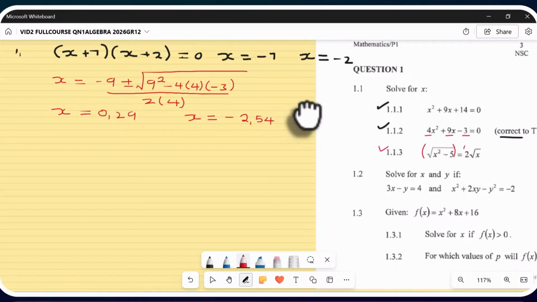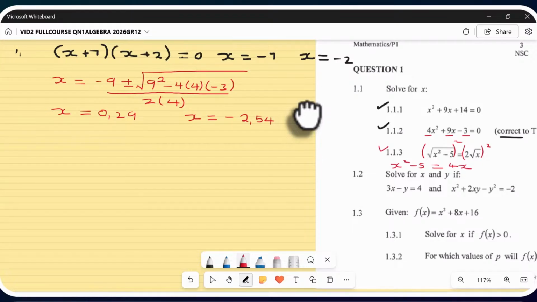So this is going to be, in standard form, x squared minus 4x minus 5 equals 0.